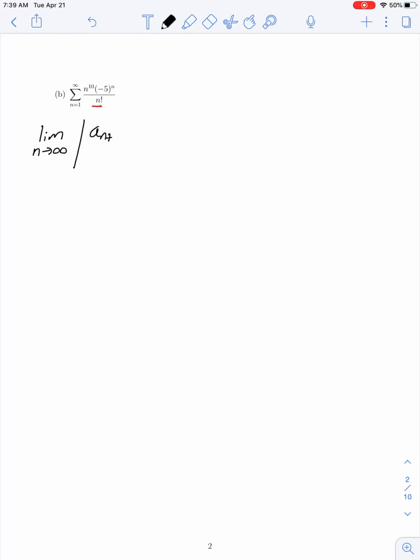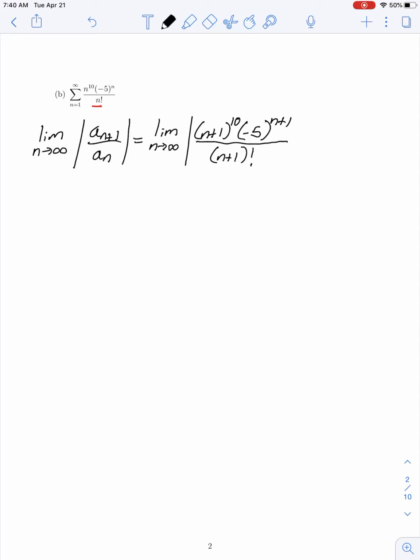So in this example, we have the limit as n approaches infinity of the absolute value of, for a sub n plus 1, n plus 1 to the 10th power times negative 5 to the n plus 1, all over n plus 1 factorial.